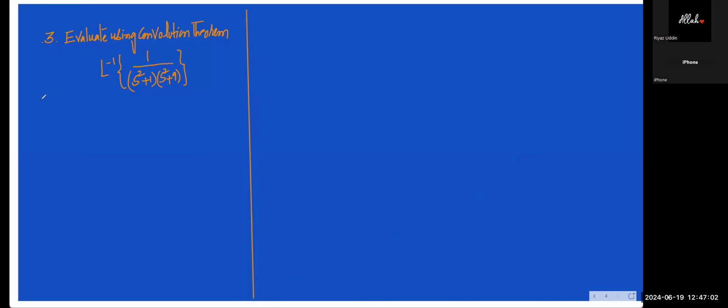Let us assume that f bar of x is equal to 1 by x square plus 1 square.